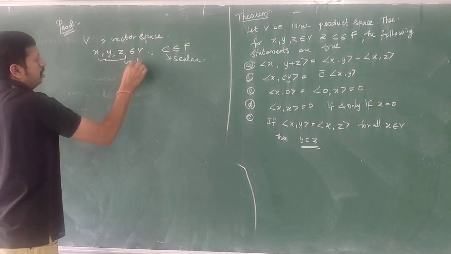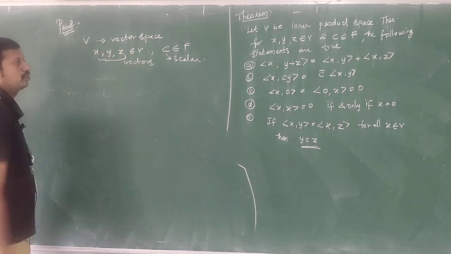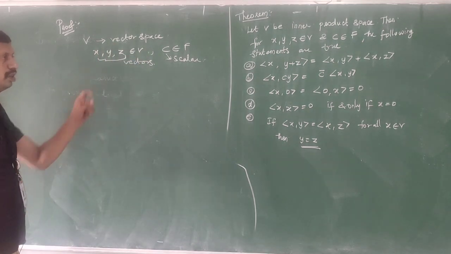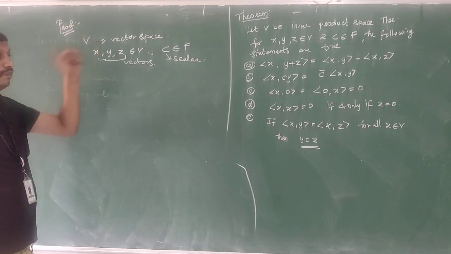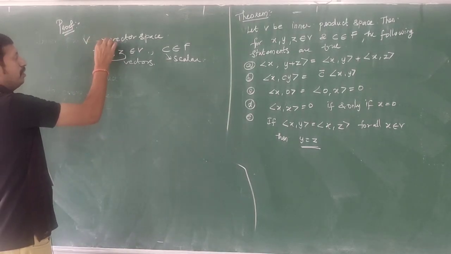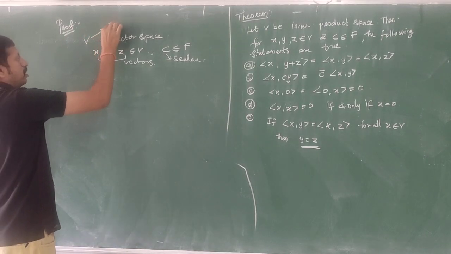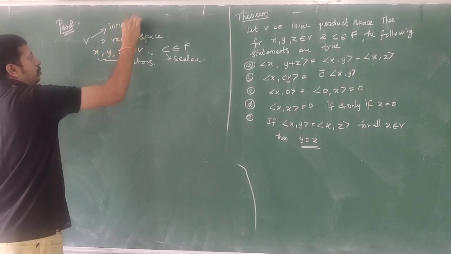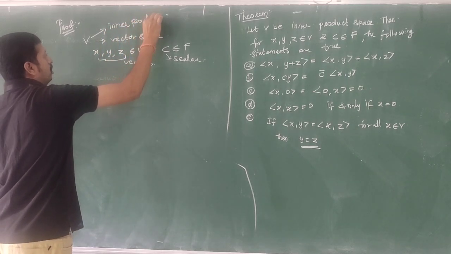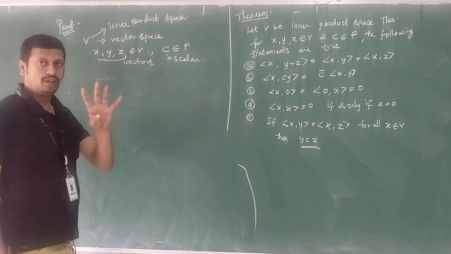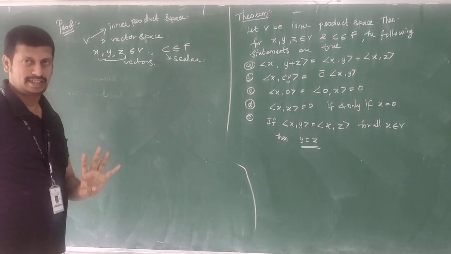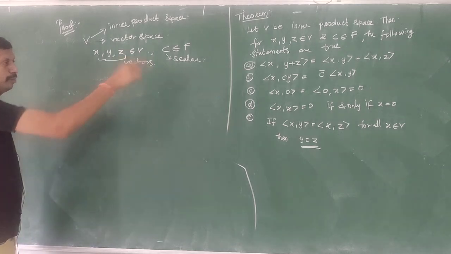Now we have to solve each one. V is a vector space, and moreover an inner product space, so it should satisfy the four properties, that is the four axioms. With that we will be solving this.